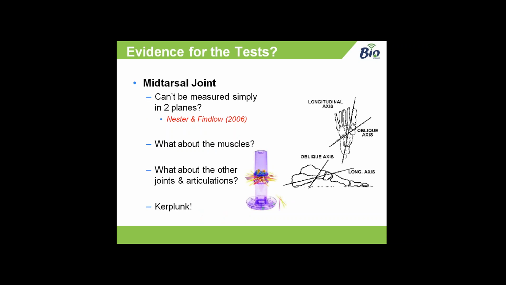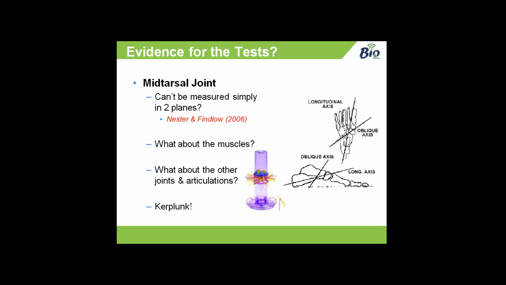Okay, so onto the mid-tarsal joint, movement of the mid-tarsal joint. Now, there's a lovely, neat little explanation about the axes in the big grey Val Massey book, which I think a lot of you are probably very familiar with. But if you think about it logically and then think about the anatomy of the mid-tarsal joint in the foot, how can you have a joint that's got so many bones, articulations, muscle and ligament attachments? How can you only have two axes?